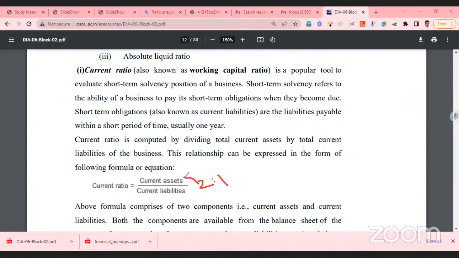What does it mean? Two rupees of current assets for one rupee of current liability, so current assets are double the current liabilities. If it is more, for example 3:1, it is not good. If it is 1:1, it is also not suggestible. So the standard 2:1 is acceptable in most cases.